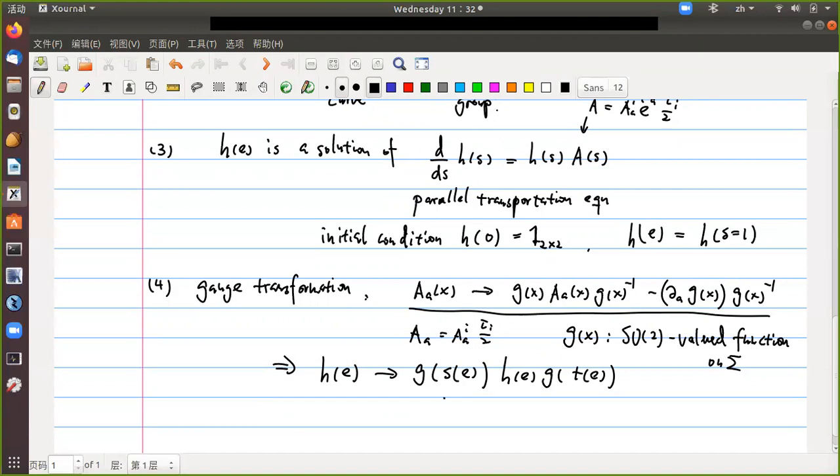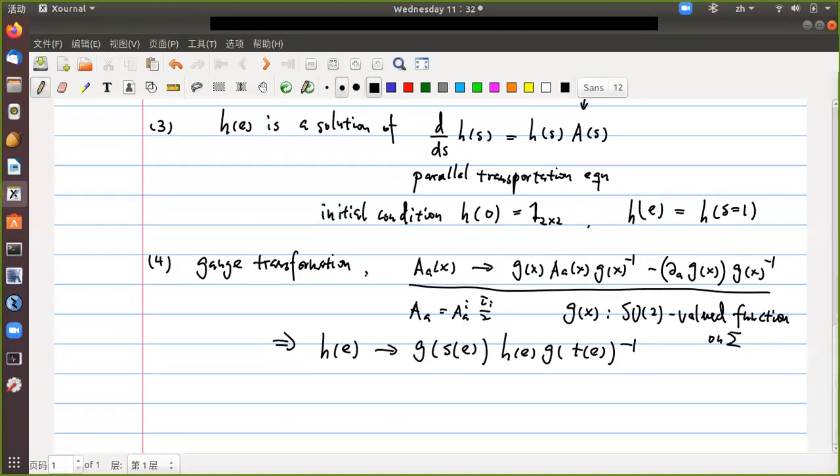So here you see that the gauge transformation of holonomy is just sandwiching the holonomy by two different group elements, the gauge transformations at s(e) and t(e). Here s(e) is called the source of e.